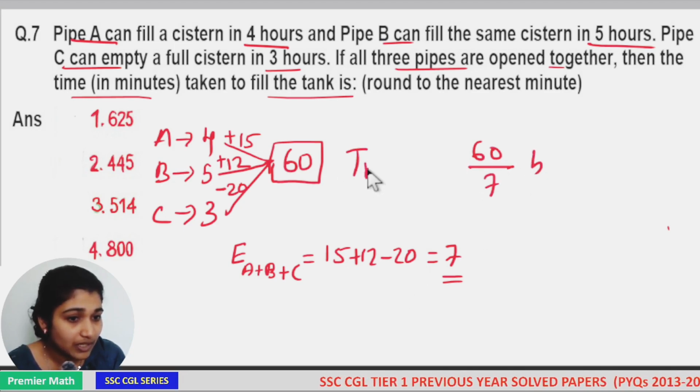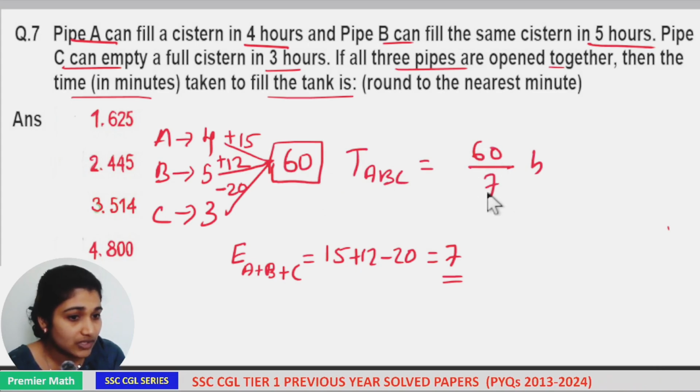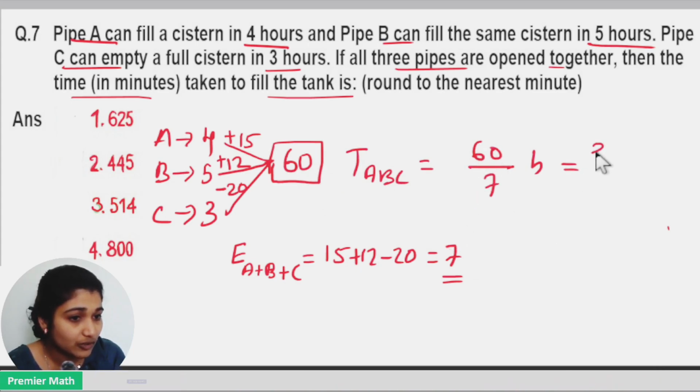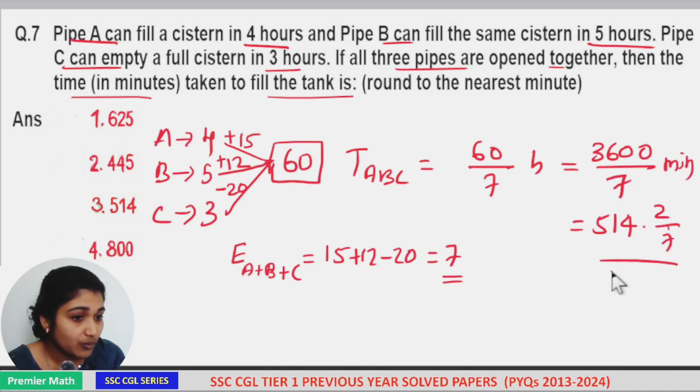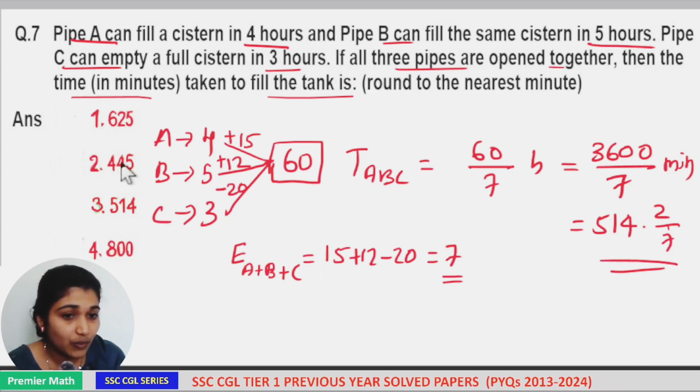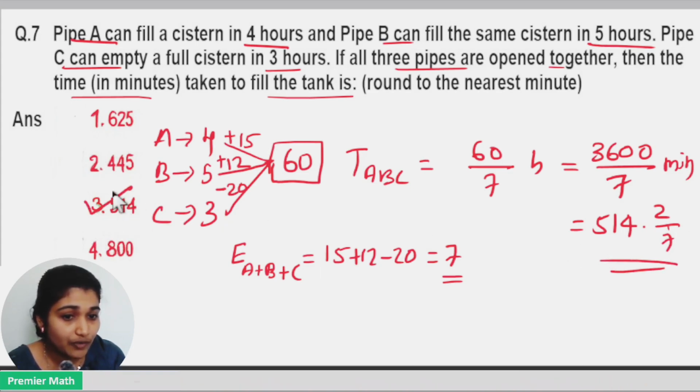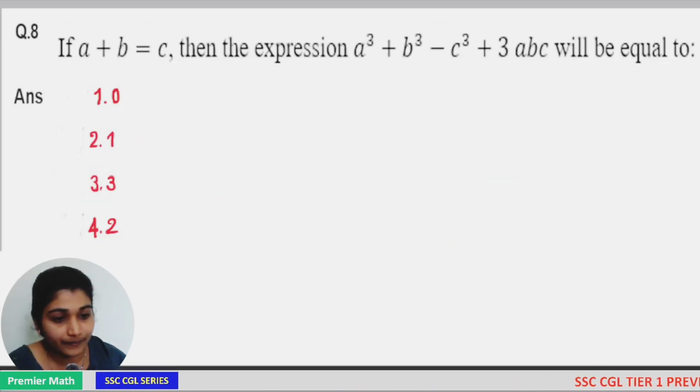That is, the time taken by A, B, C together to fill the 60 unit tank is 60 by 7 hours, which is equal to 3600 divided by 7 minutes. 7 goes 5 times in 35, 1 time in 10, and 4 times in 30. So the remaining is 2 by 7. So here the answer is 514 2/7 minutes. Option 3 is your answer.